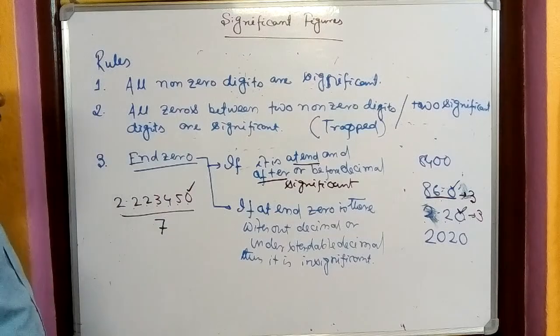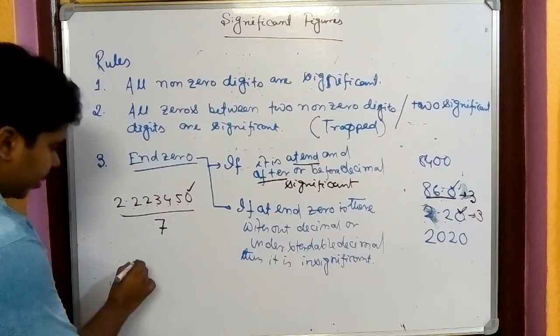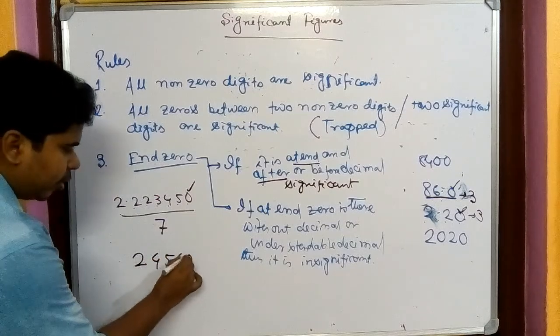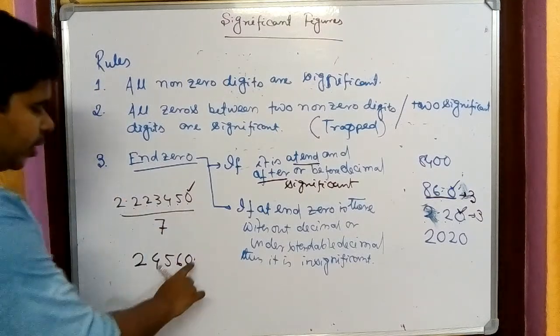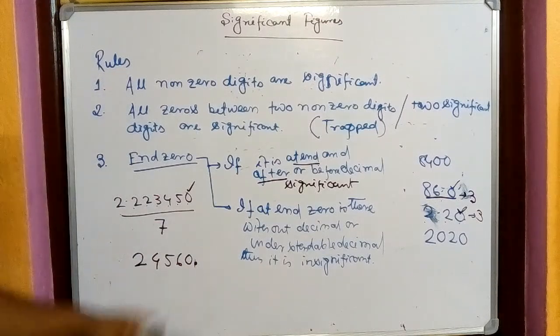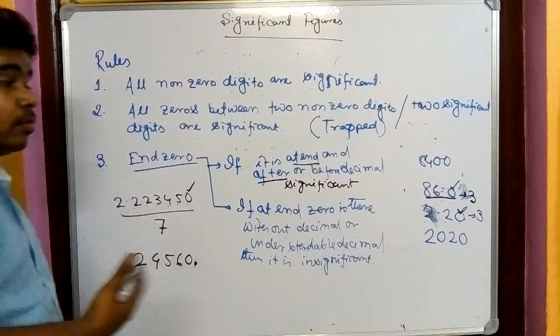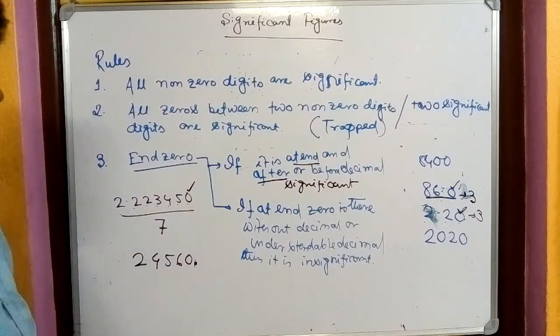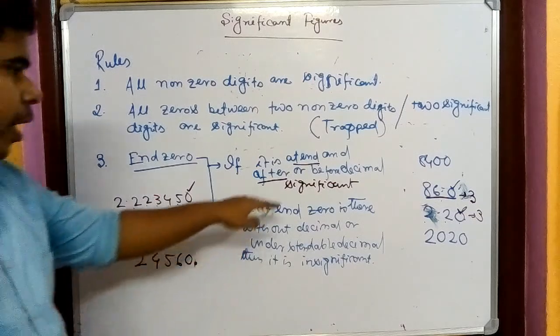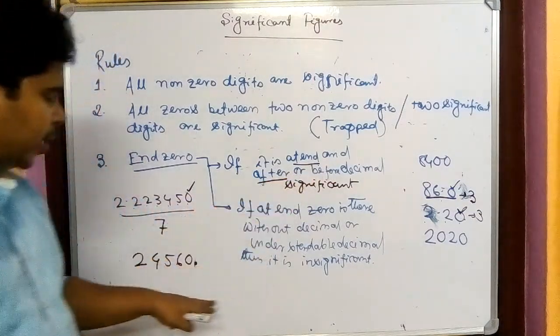Clear? Now, one example. If I have written a number, assume 24560 point. The point is given here, and after the point nothing is there. Whether the 0 is significant or not: it is at the end, yes, and is it after or before the decimal?